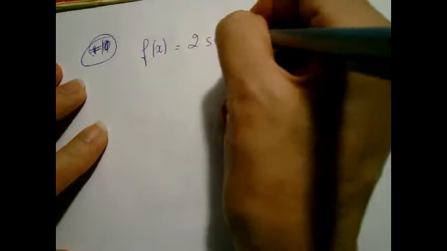Number 9. Okay, what is it? We have the function f of x equal, I think I've done this before. Sorry, that's number 10. 2 sine x minus x.